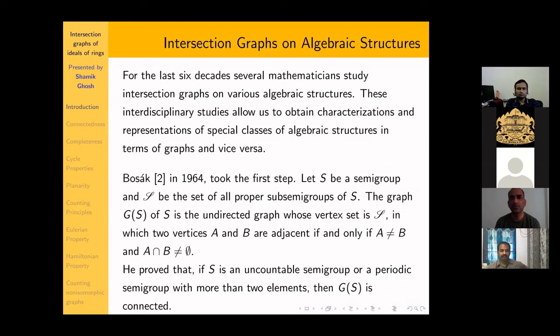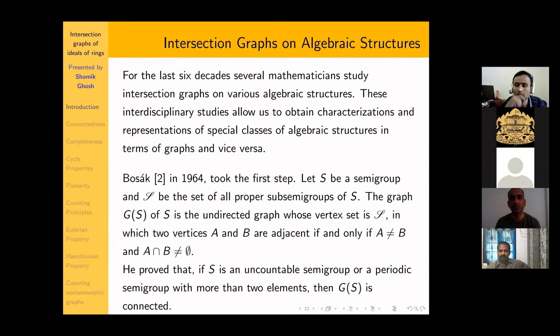And Bosák, in 1964, took the first step and started with a minimal algebraic structure, a semigroup. He collected the set of all proper subsemigroups of S and considered that as the vertex set, and two such subsemigroups are adjacent if and only if they are unequal and their intersection is non-empty.